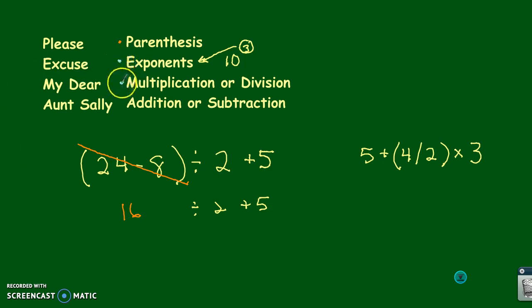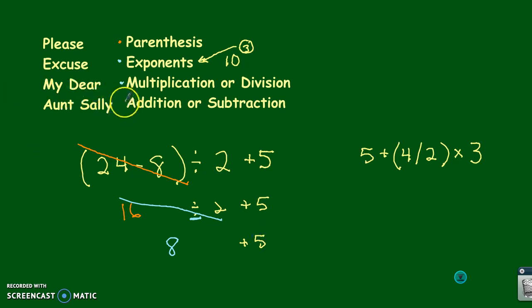So we move down here to multiplication or division, again from left to right. We have division right here. So we have to do that first. 16 divided by 2 is 8. So I'm done with that part of the problem. I'm going to bring down the remaining portion, which is plus 5.